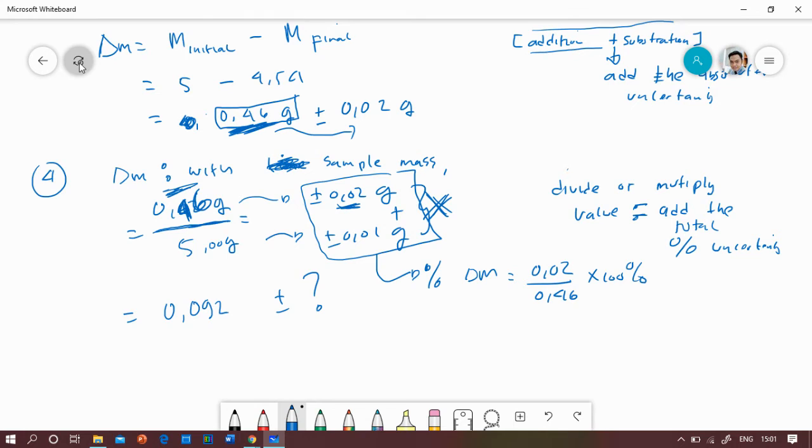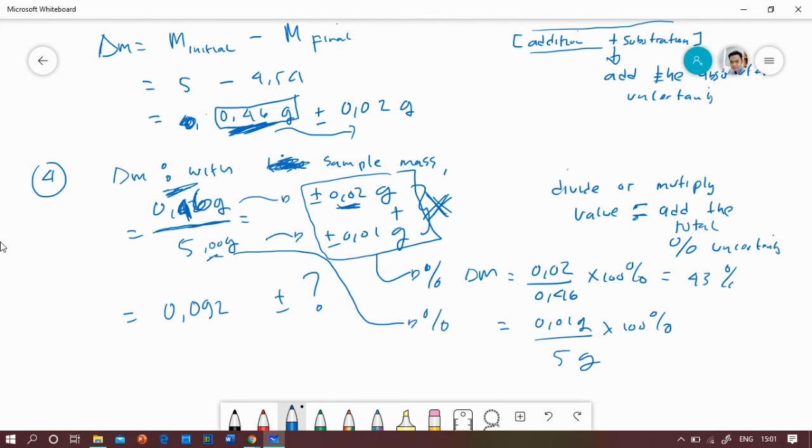Now next up, the uncertainty of this, the percentage will be its own uncertainty 0.01 gram divided by 5 gram, because the value is 5 gram, times 100%.